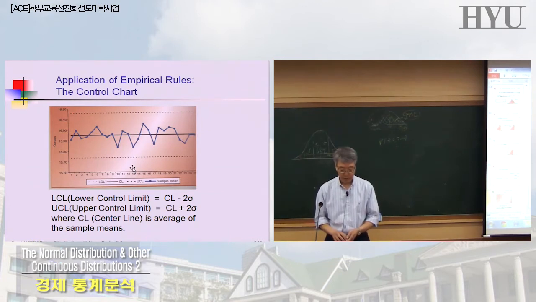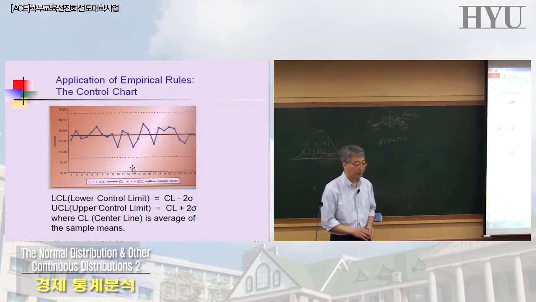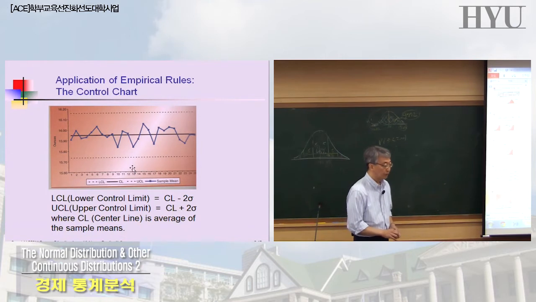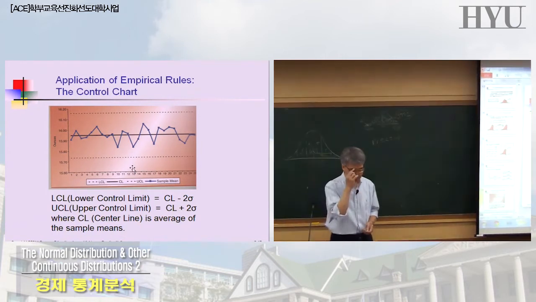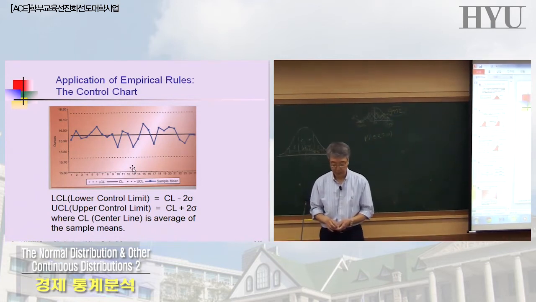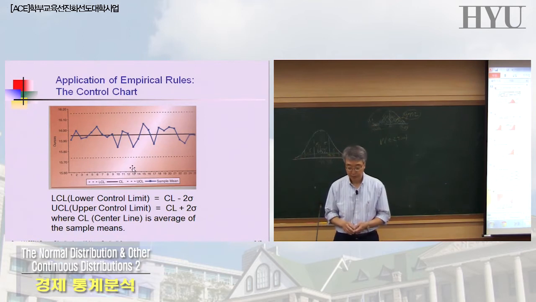If you work for a company, there are quality control people, okay? And this control chart is a very important tool in the quality control concept. So suppose, I think this example is for bottle filling. Suppose there's a bottling company that fills beverages in a 16-ounce bottle, okay?